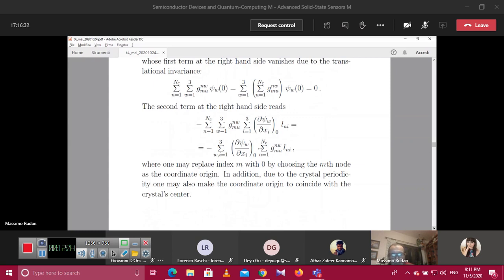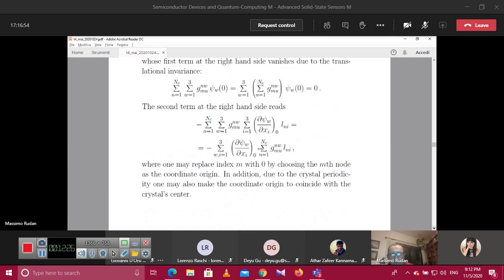As we noticed before, we can place the origin wherever we like, okay? So we select the cell of index M as the origin, okay?